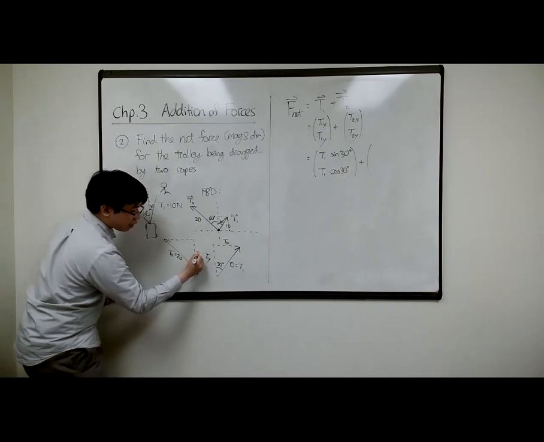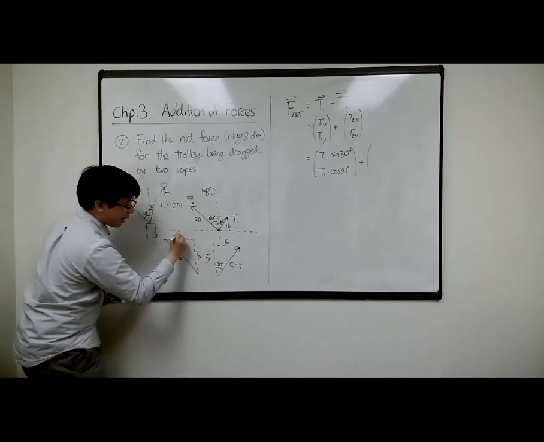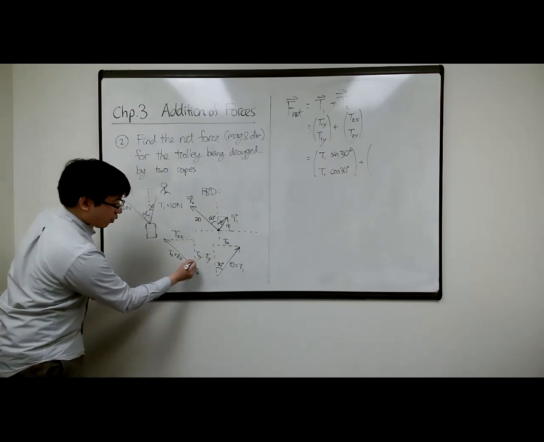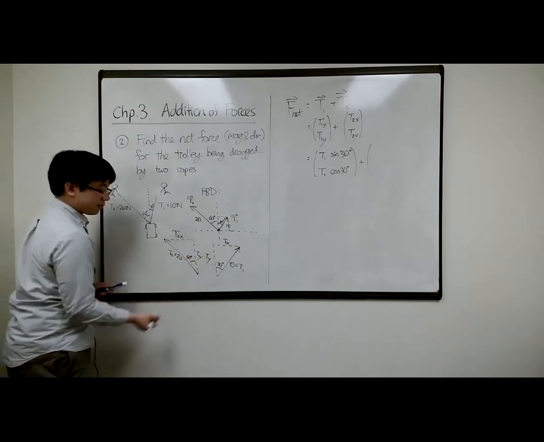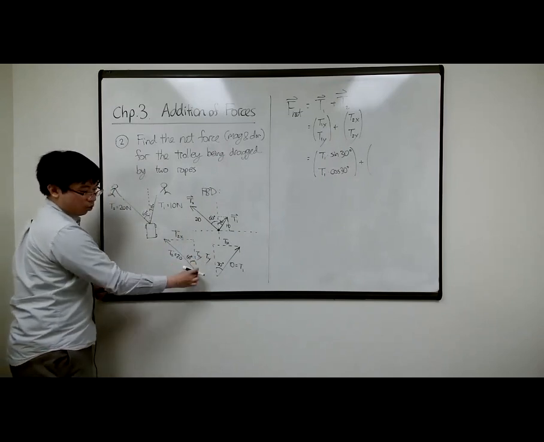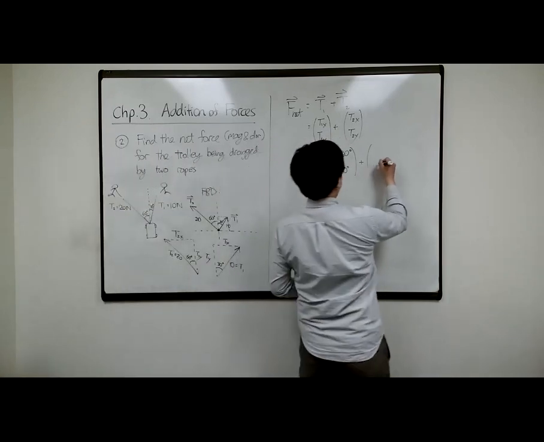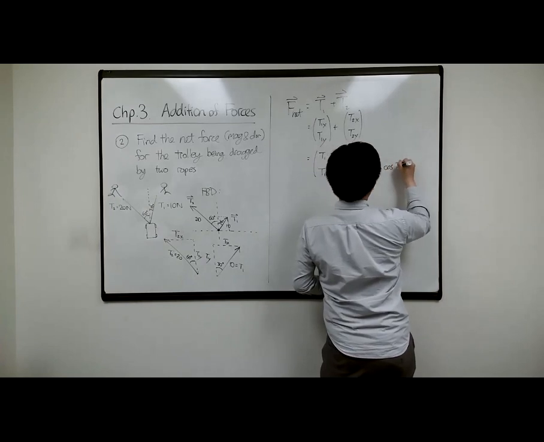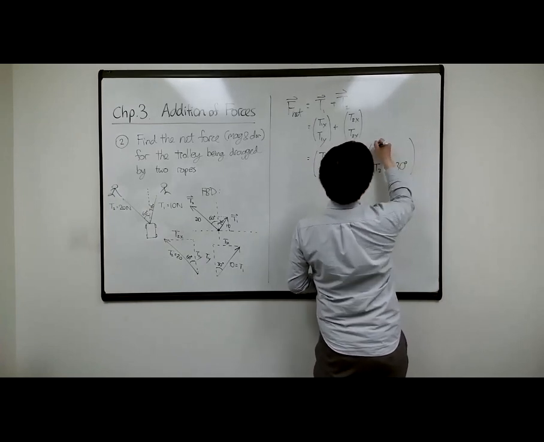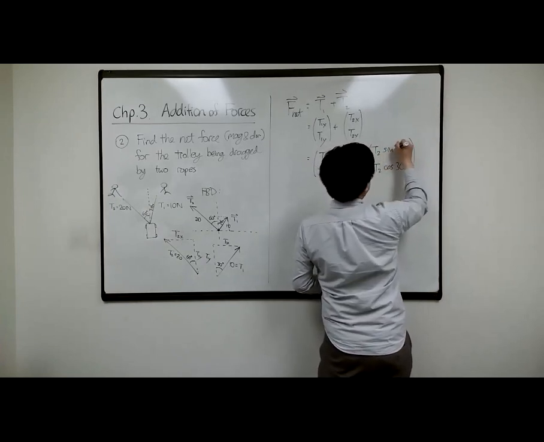So this much is T2y, this is T2x. Okay, and we're also given this is 60 degrees. So T2y again is the cosine because it's sandwiching the angle. So T2y is T2 cosine 30 degrees and T2x is T2 sine 30 degrees.